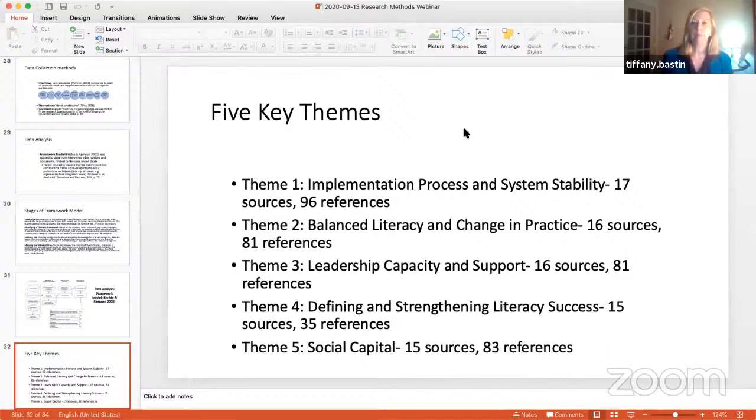The fourth theme, defining and strengthening literacy success. I had a particular question, and you could see back at the 3 original research questions: why are some schools having more success than others, what are the barriers, and what is literacy success? And I asked people to talk about that.